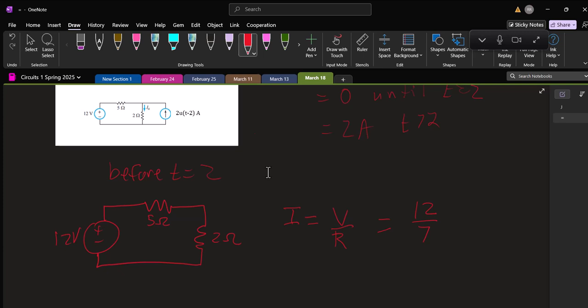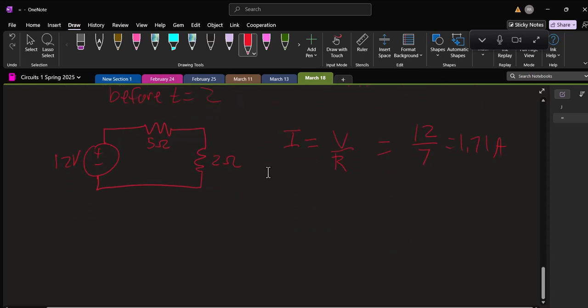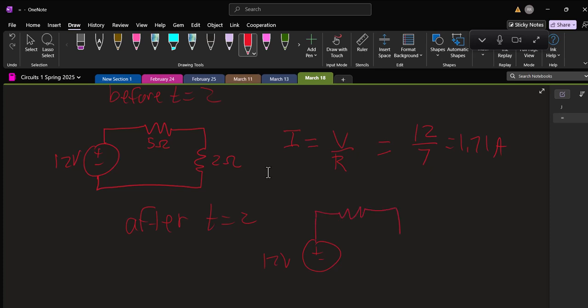And that's 1.71 amps. After t equals 2, it looks like that.